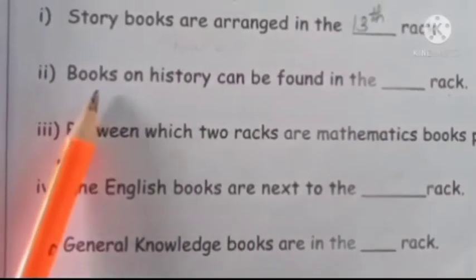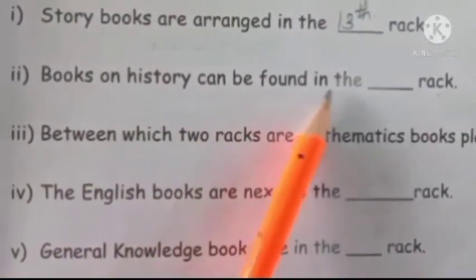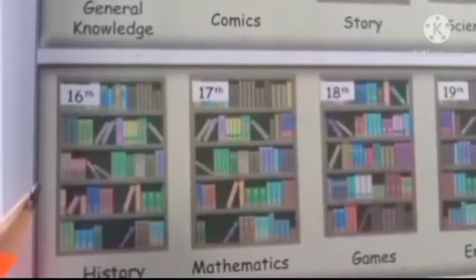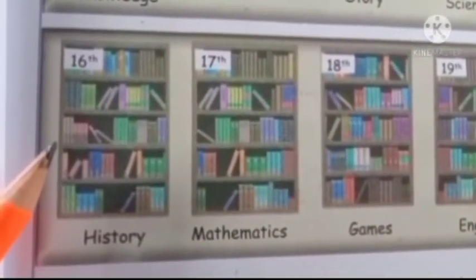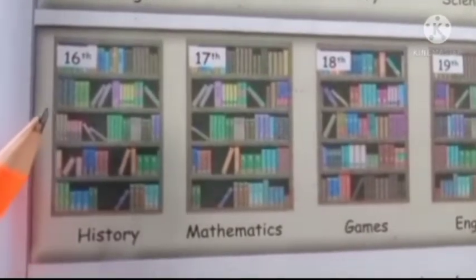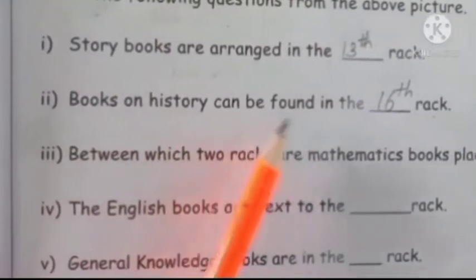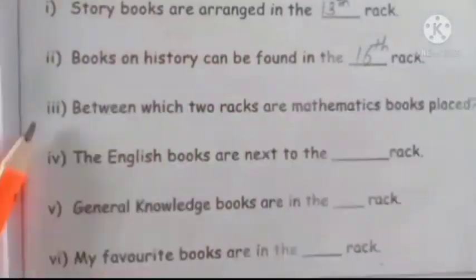Second one, books on history can be found in the dash rack. Children, history books are arranged in the 16th rack. The answer is books on history can be found in the 16th rack.